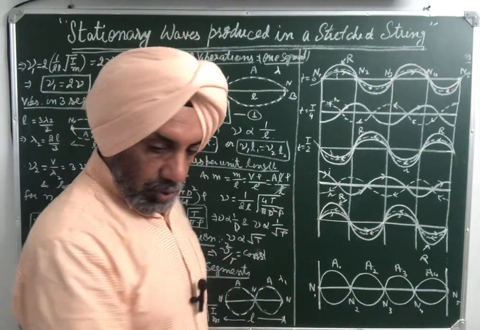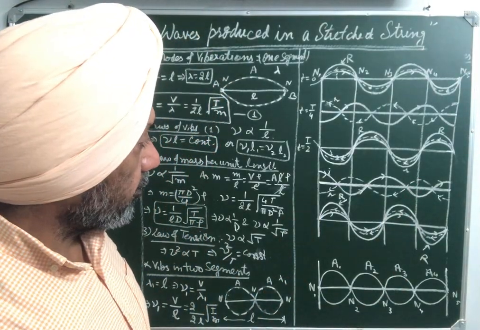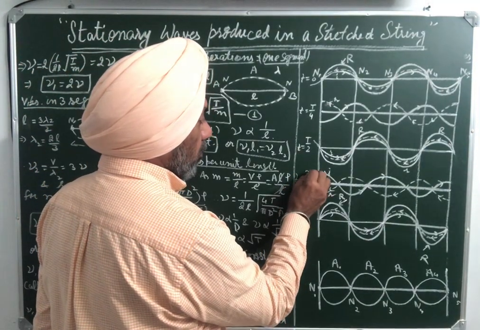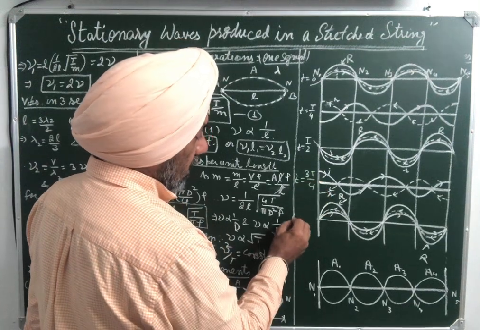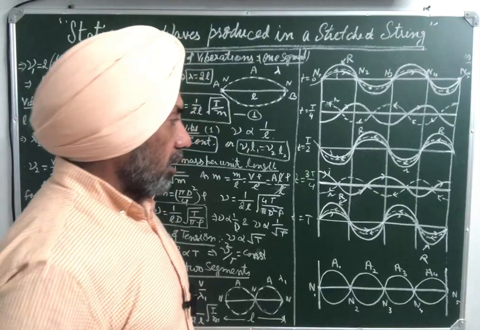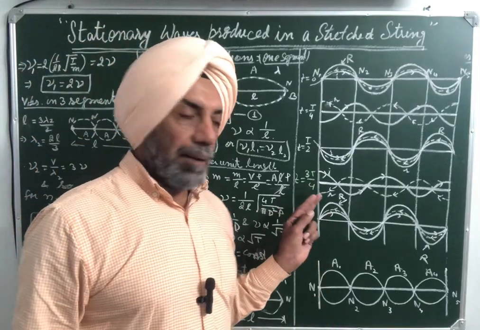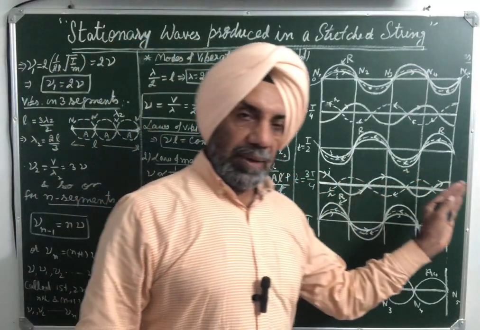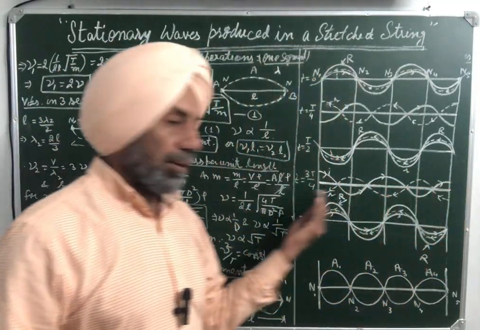At t equal to 3T by 4, again after every time equal to T by 4, incident wave moves towards right by lambda by 4, reflected wave moves towards left by lambda by 4.